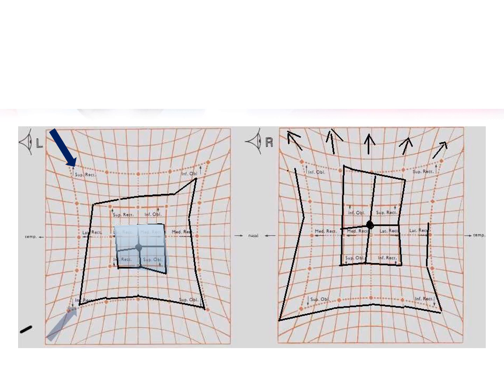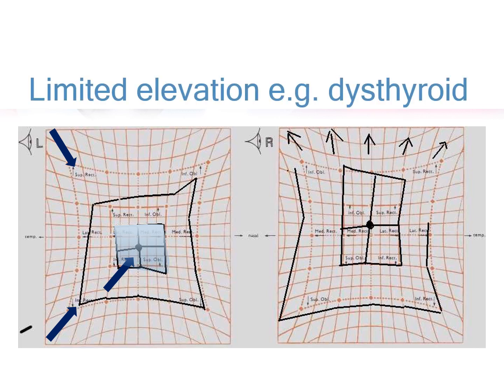First, there is no overaction of the direct antagonist muscle, which is the inferior rectus muscle, and this causes a compressed field. Second, there is only a small misalignment in the primary position, again consistent with a restrictive lesion. So now we are looking for a restrictive lesion in the left eye that is causing limitation of elevation in abduction, such as dysthyroid ophthalmopathy.